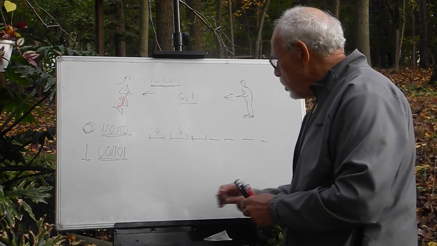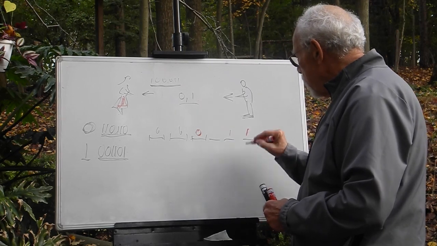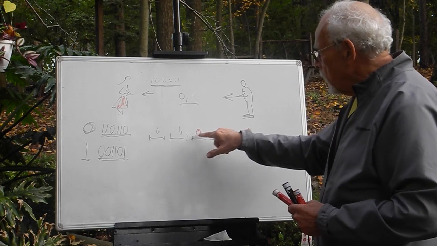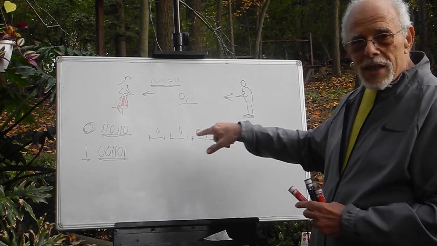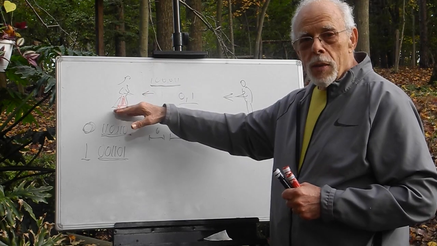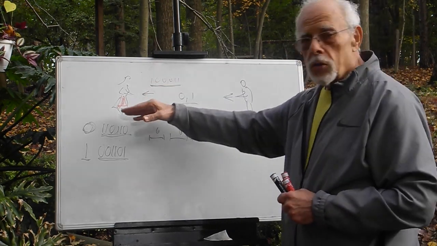Some will be interpreted as 0, and some will be interpreted as 1. And the recipient then will take the combination of zeros and 1s that are meaningful and read the message that the transmitter sent to her.